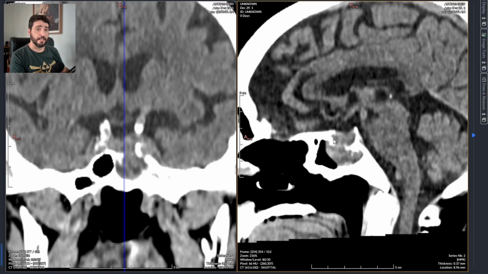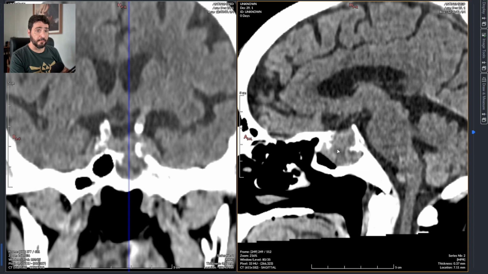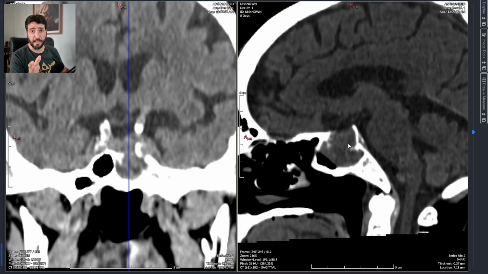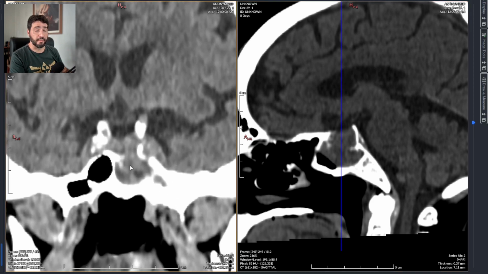In the first case, the most common tumor that behaves like this is an aggressive hypophysis adenoma. And on the other hand, the two most common presentations of chronic lesions of the paranasal sinus that go into the brain cavity and erode bone are mucormycosis of the sinus, which is a chronic fungal infection of the paranasal sinus, and the most common cancer of the paranasal sinus, which is the squamous cell carcinoma.